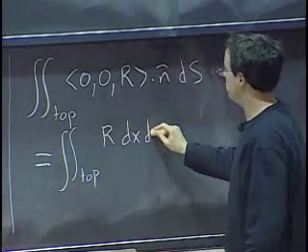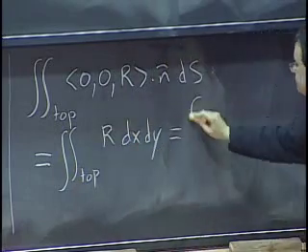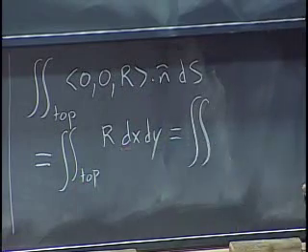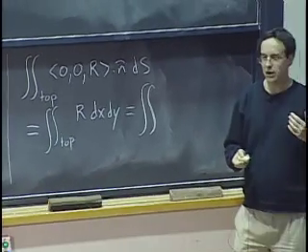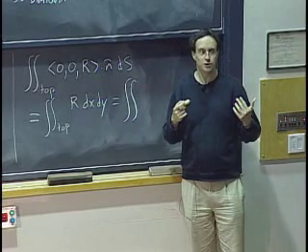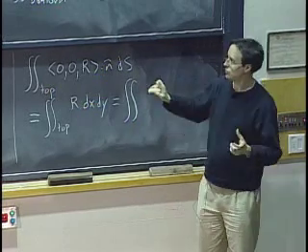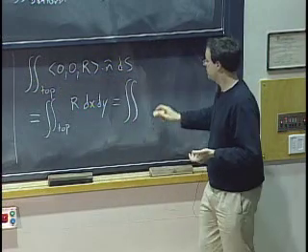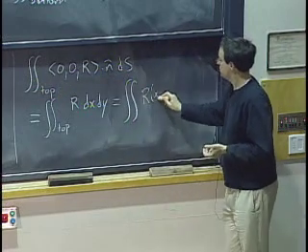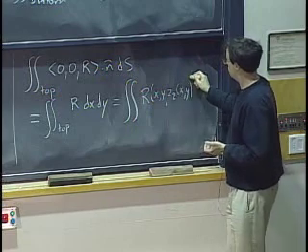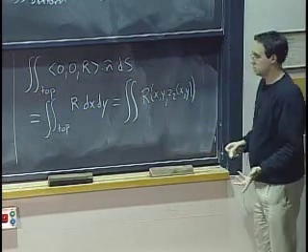And now how do we evaluate that actually? So r is a function of x, y, z. But we said we have only two variables that we're going to use. We're going to use x and y. We're going to get rid of z. How do we get rid of z? Well, if we're on the top surface, z is given by this formula, z2 of x,y. So I plug z equals z2 of x,y into the formula for r, whatever it may be.